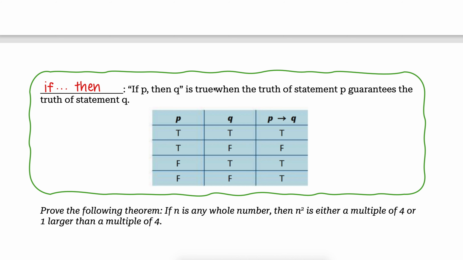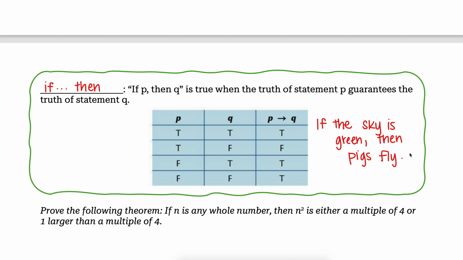So let me give you a for instance. If my statement said this, if the sky is green, then pigs fly. We say that this if-then as a whole is true.